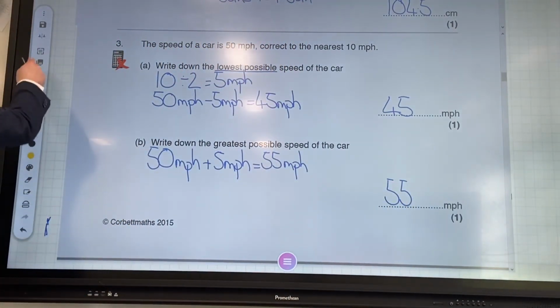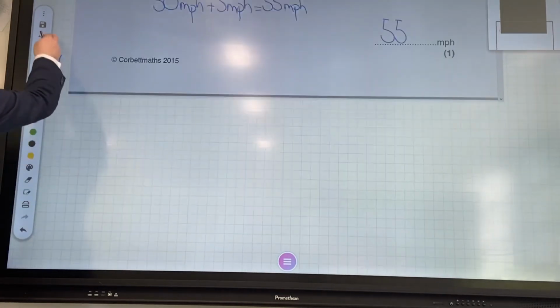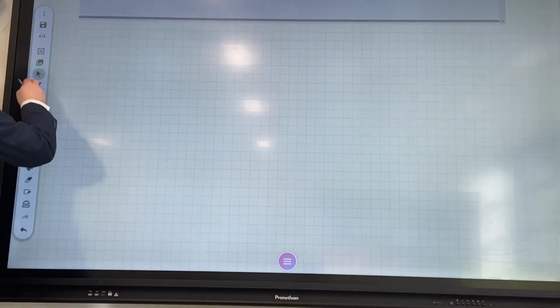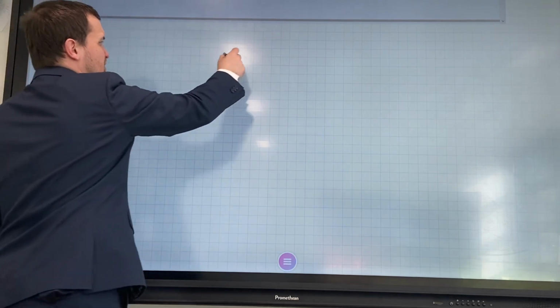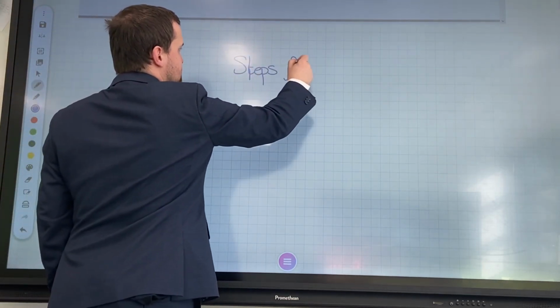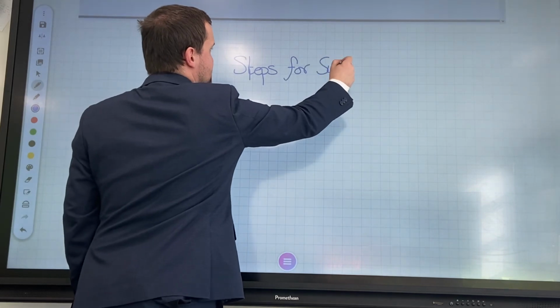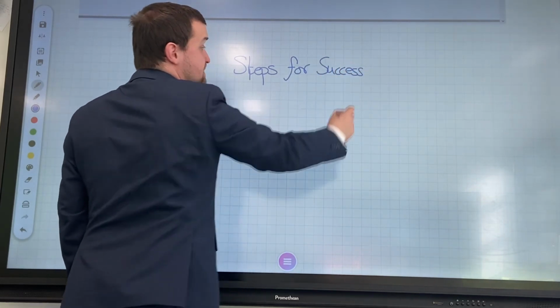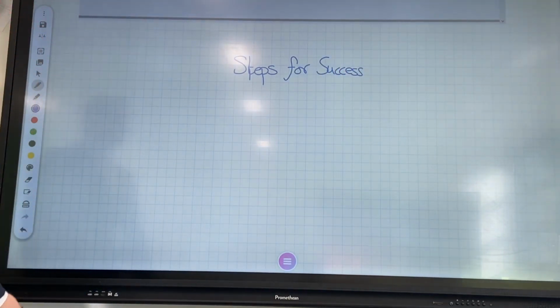Right, let's have a look at some steps for success. This is the key bit out of this. If you're making revision cards on this, this should go on your revision cards.